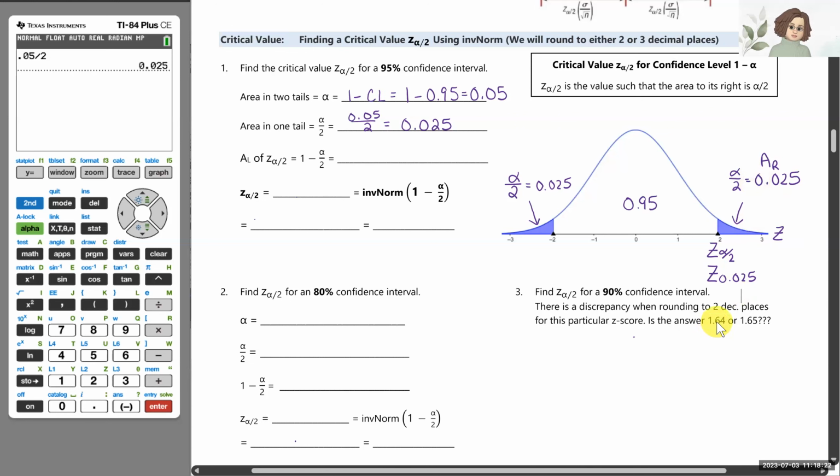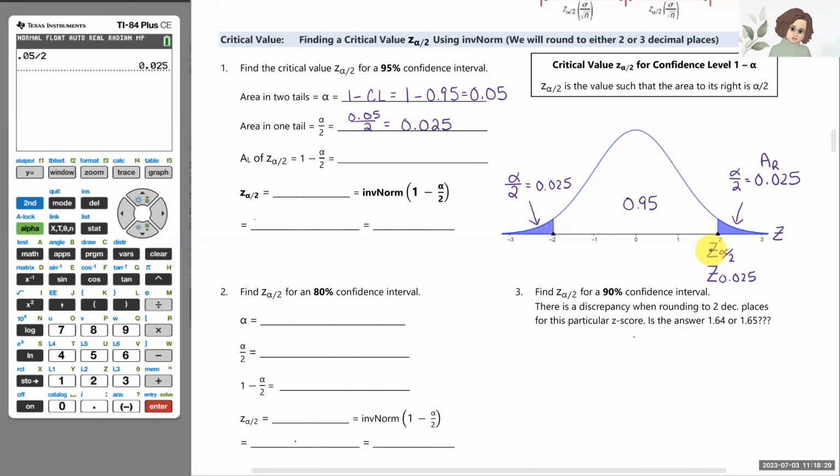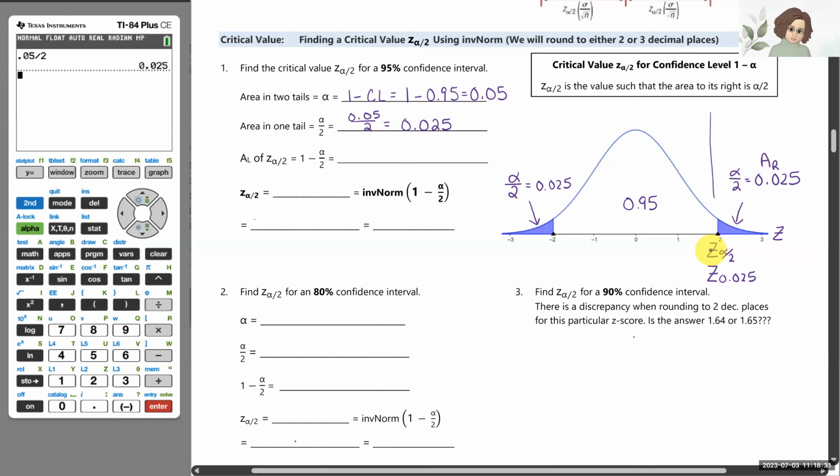Okay, so next, I want to find that z-score. When we're trying to find a z-score, we can use inverse norm on our calculator, as long as we remember that you don't inverse norm what's to its right, you inverse norm what's to its left. So we need to know the area to the left of that unknown z-score.